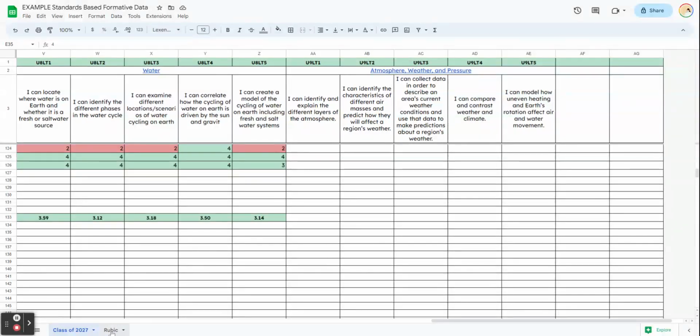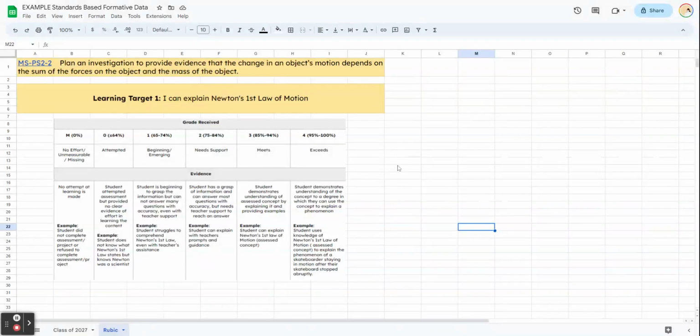I'm just going to do a real quick recap of what I talked about, just to clarify. Standards-based grading is grading based on the standard, quite literally. It's in the name.